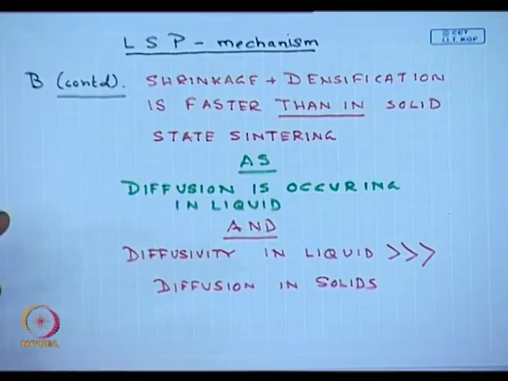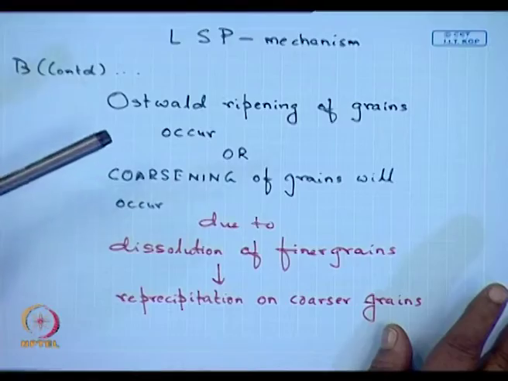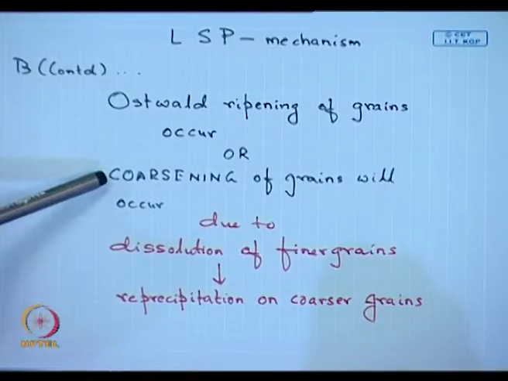However, there is a flip side to this also. If reprecipitation does not occur, what can happen is the grains may get coarser.